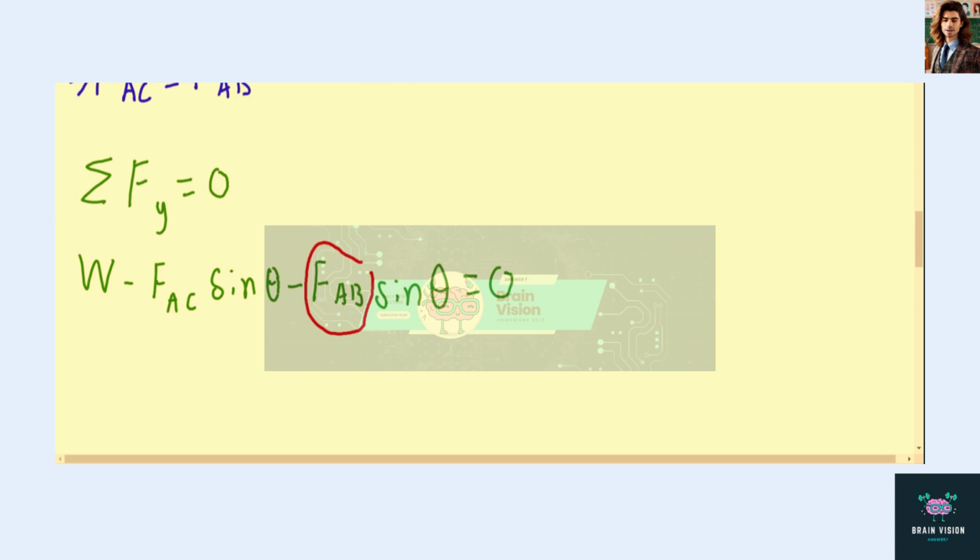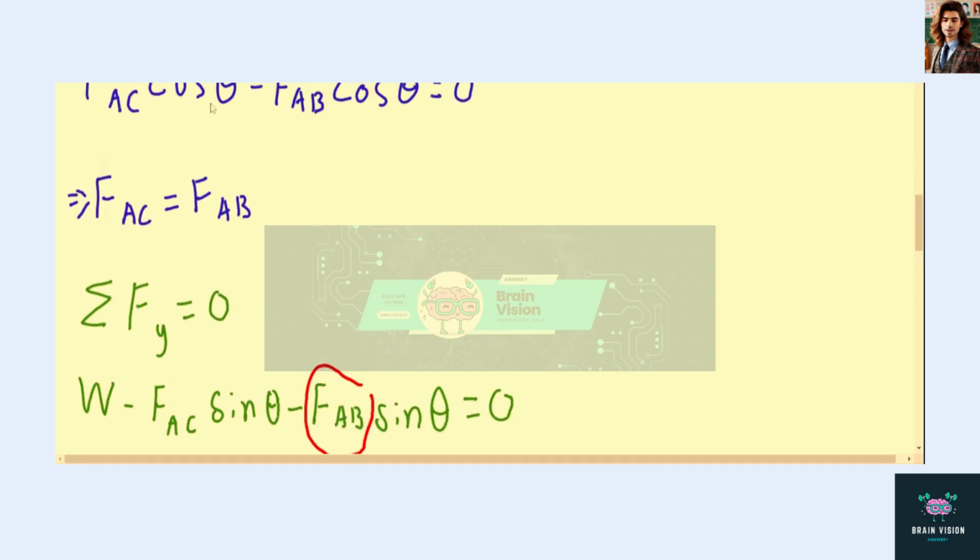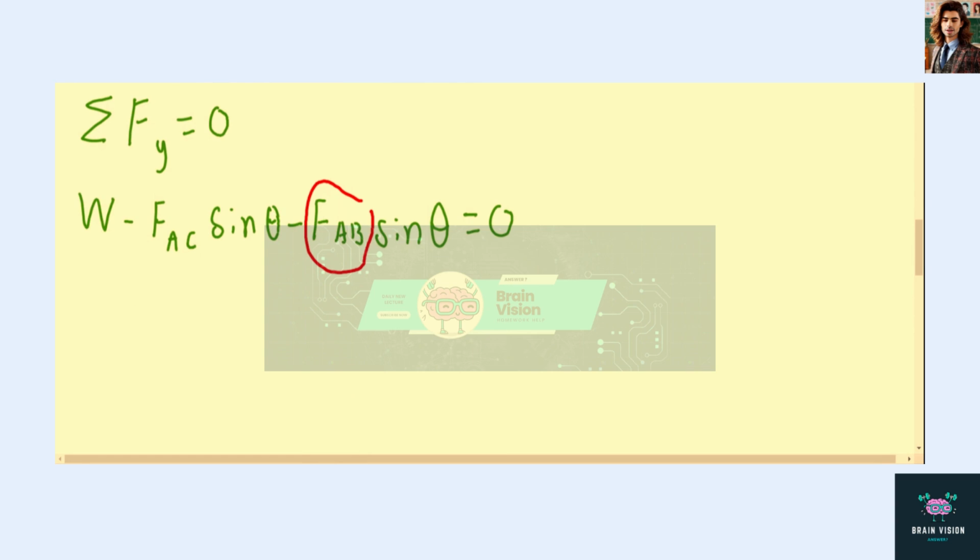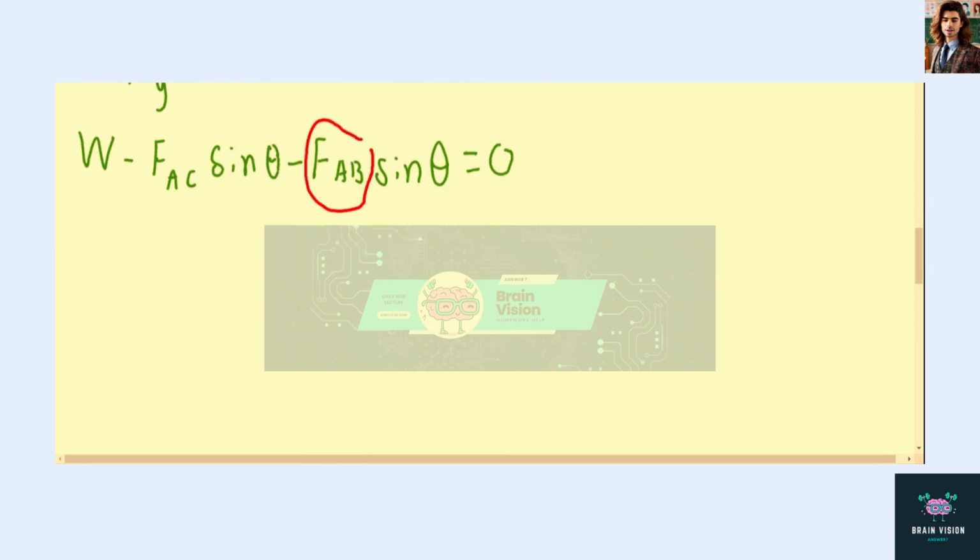In this equation we can replace the F of AC with F of AB from the previous expression. After plugging in the known terms, we get 1716 minus F of AB times 2 times the sine of 32 degrees is equal to 0.